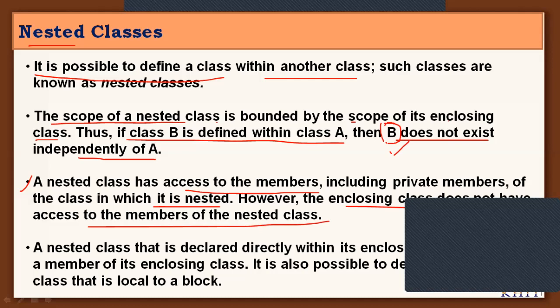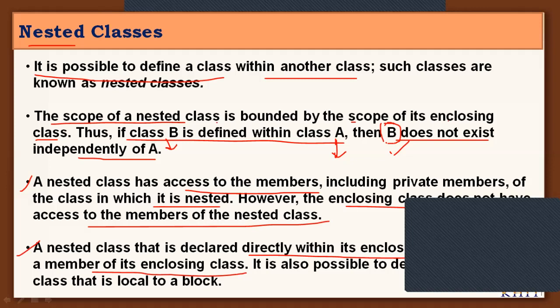For example, with A and B, the members of A, even private, can be accessed inside class B's scope or by class B. But class B members cannot be accessed by class A members or the scope of class A. Next one: a nested class that is declared directly within its enclosing class scope is a member of its enclosing class.